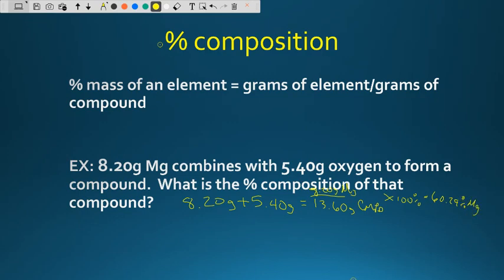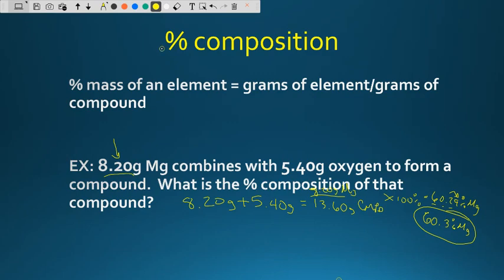Okay, the remainder would be oxygen in there. But I'm not done here, because I have 3 values. This is a tool that measured down to the tenths, and the hundredths were estimated for me. So I see 1, 2, 3 significant figures, and so I would round that answer to 60.3% magnesium. Now, from there, you can see the rest is going to be oxygen.